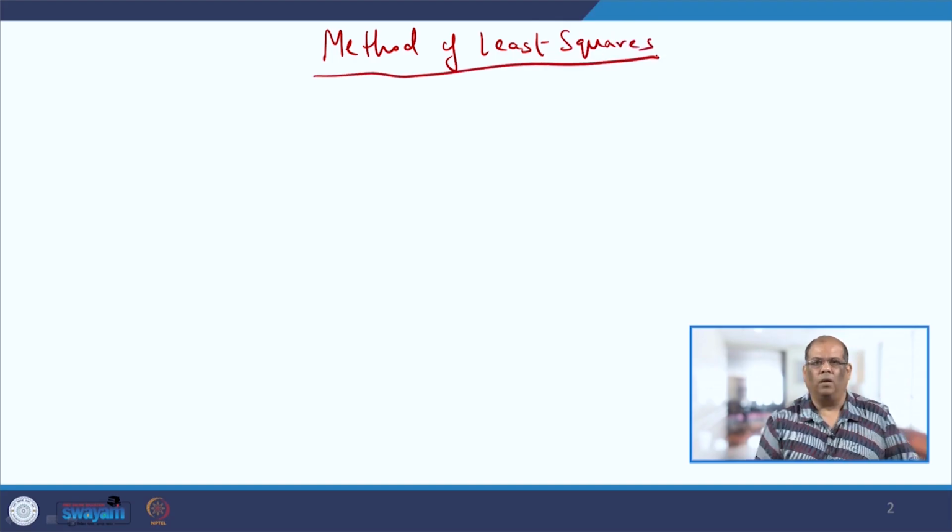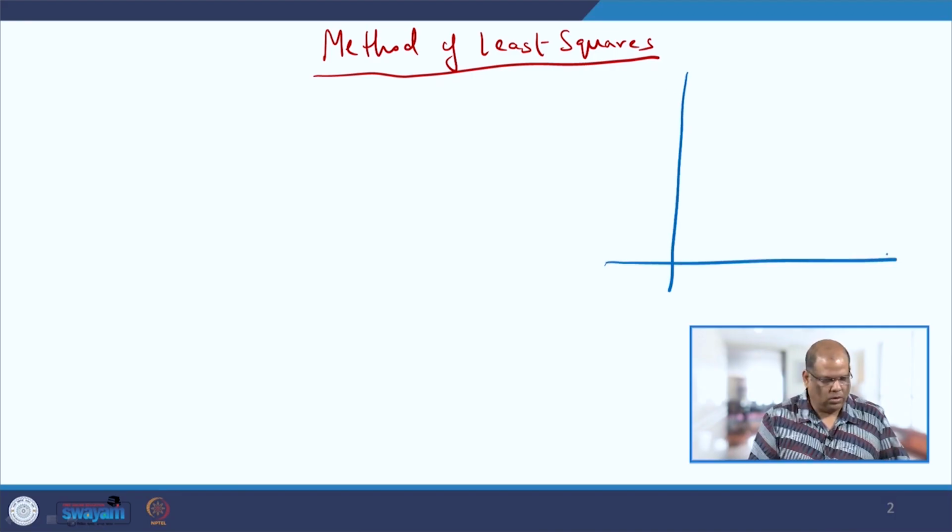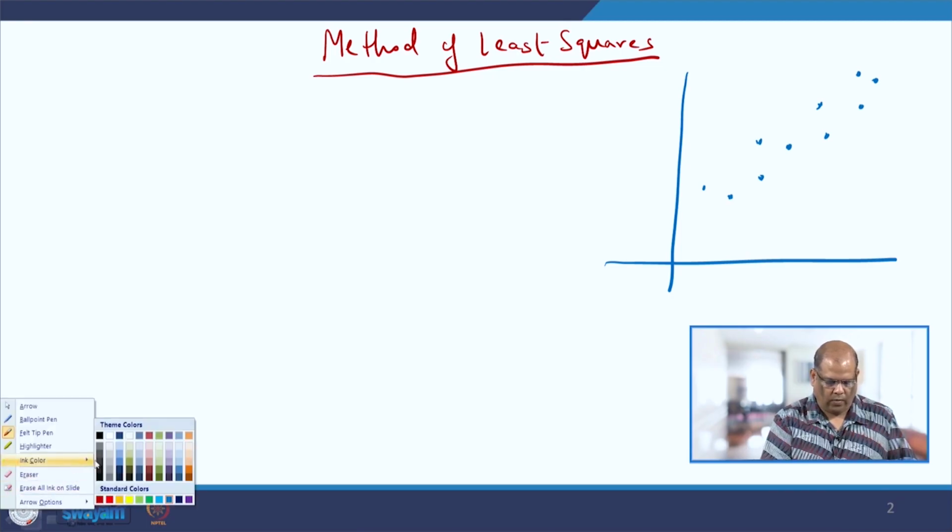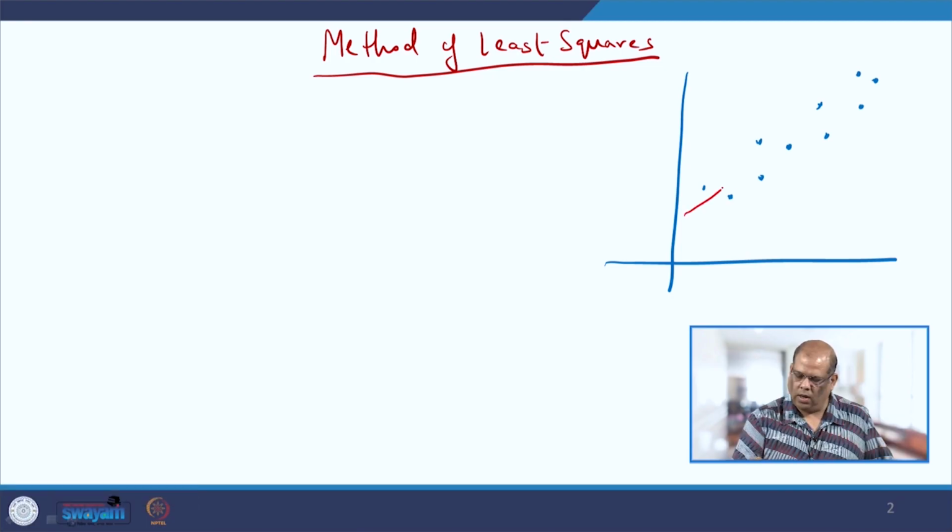to estimate the parameters. So, let us do it with the help of a straight line, it will be easy to understand. I have some points and I want to fit a curve to this, say like this.